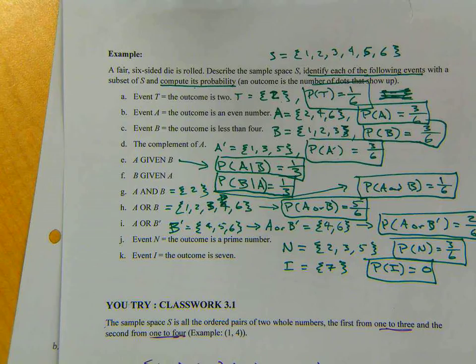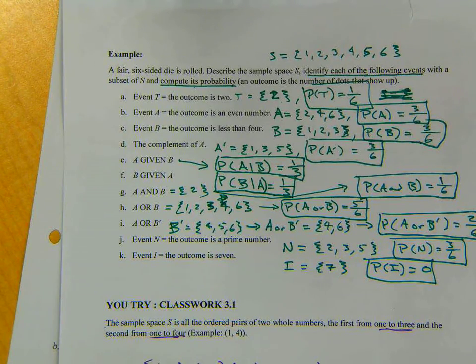So if I'm looking for the probability of A given B, let me see, I don't have any colored marker, unfortunately. So I'm given B. How many things do I have in B? 3.